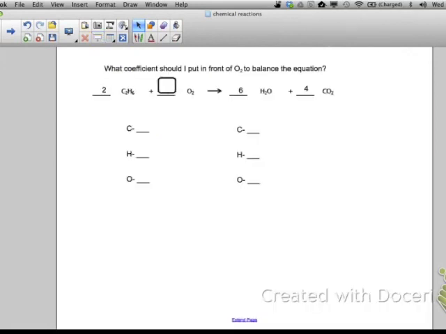One type of problem in balancing equations that you're going to be coming up against is a type of problem like this. What coefficient should I put in front of O2, which is right here, to balance the equation? Now, what it means to balance the equation, again, is that the reactants side will have the same amount of C's, H's, and O's as the products side.